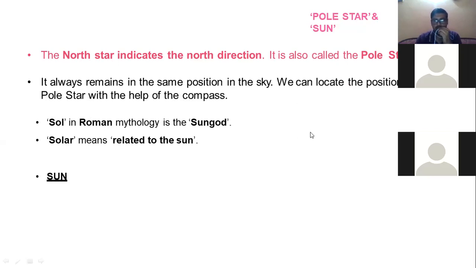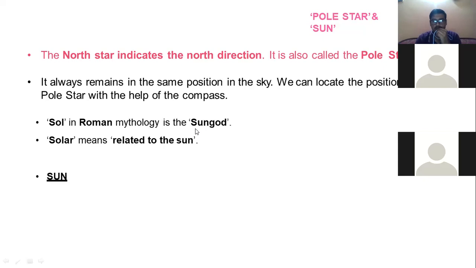They named the planets, except Earth, after gods. So Sol means sun god, and solar is related to the sun.